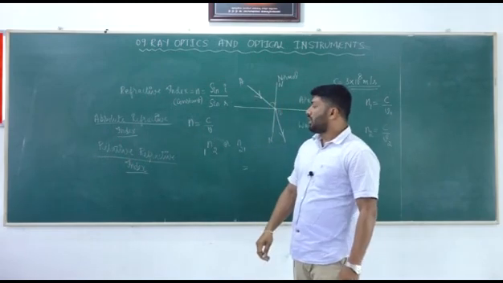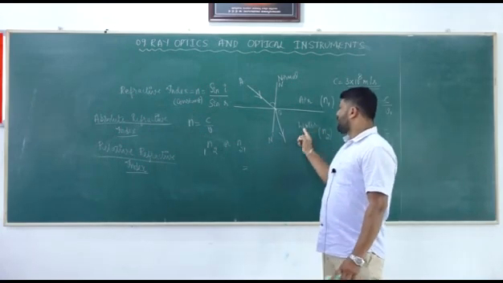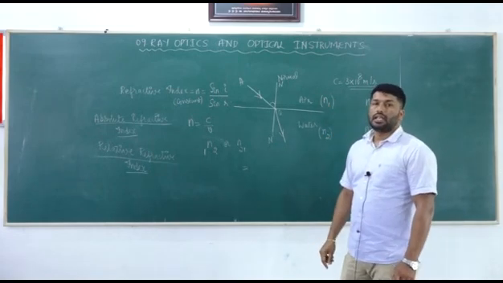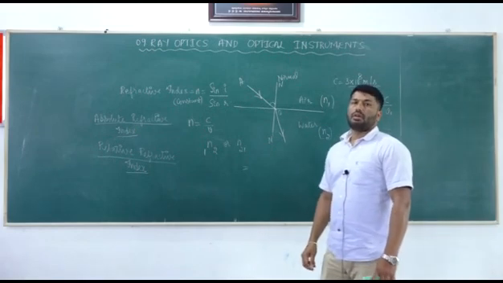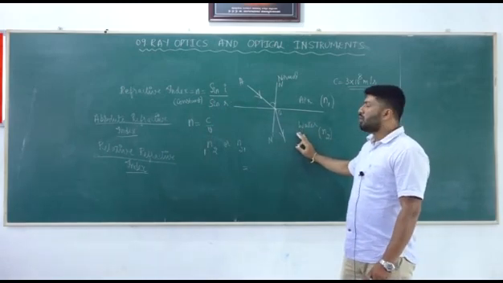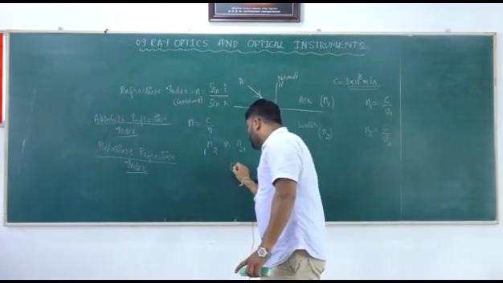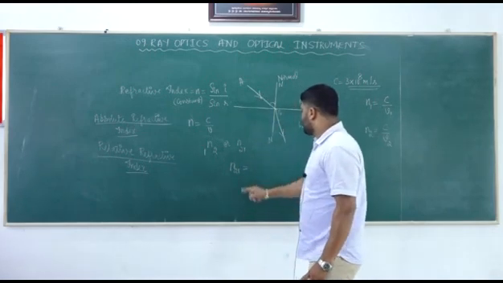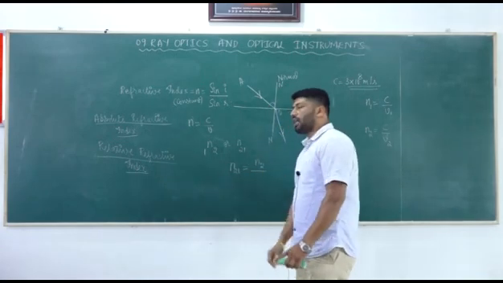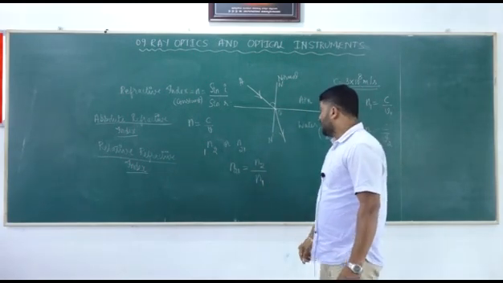The relative refractive index is defined as the absolute refractive index of the second medium with respect to the first medium. It is the ratio of the absolute refractive index of the second medium to that of the first medium, that is n21 equals n2 by n1.